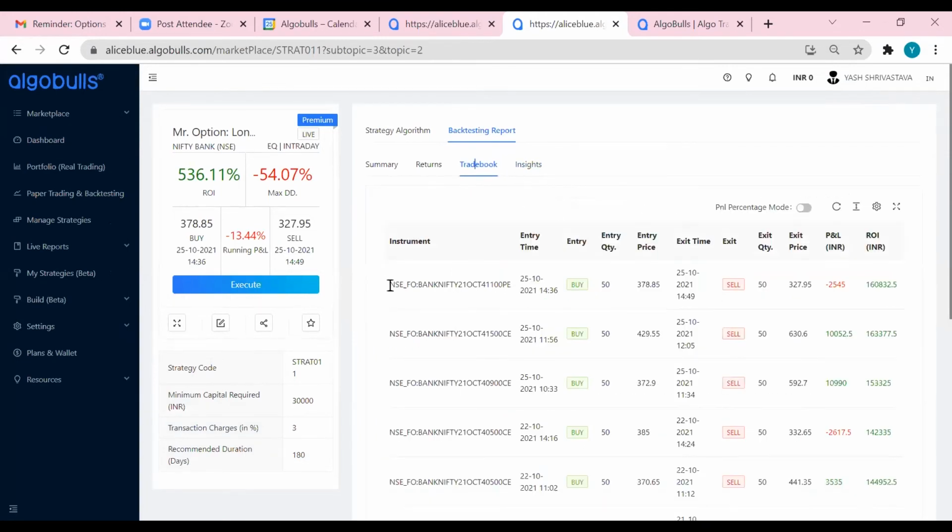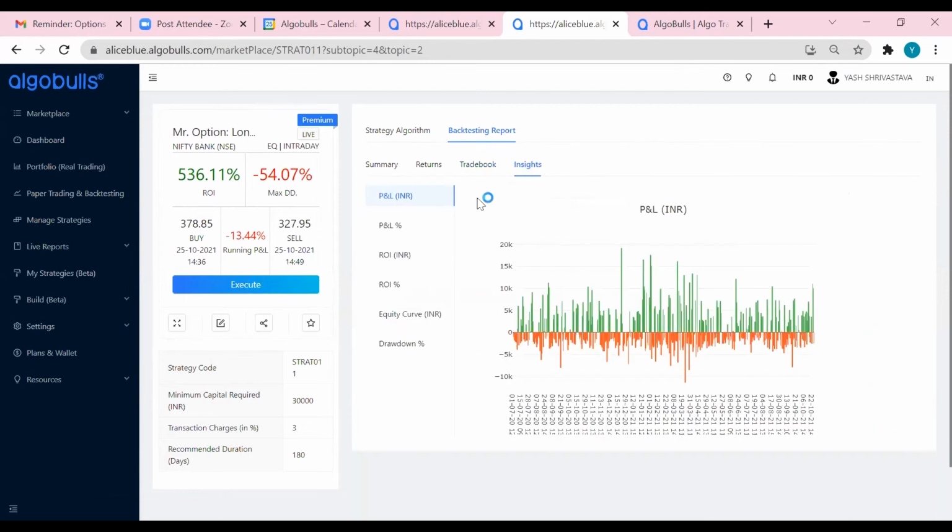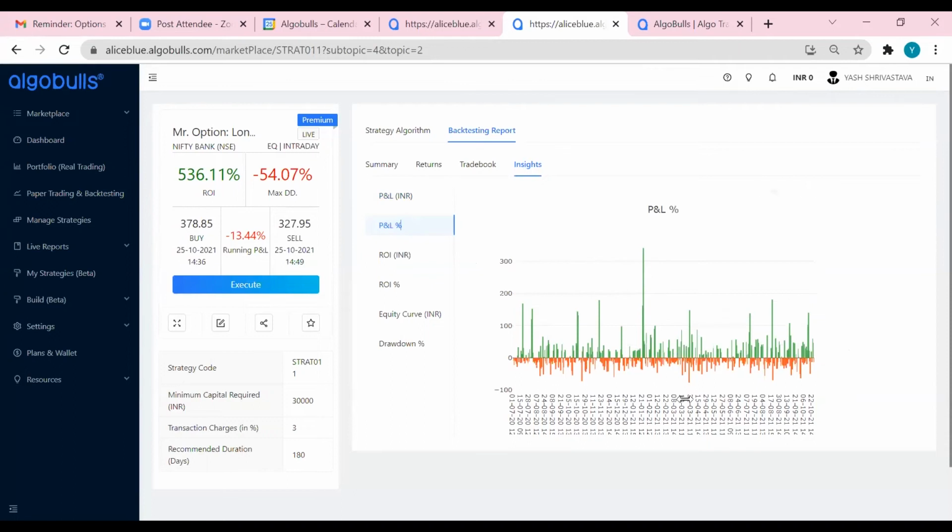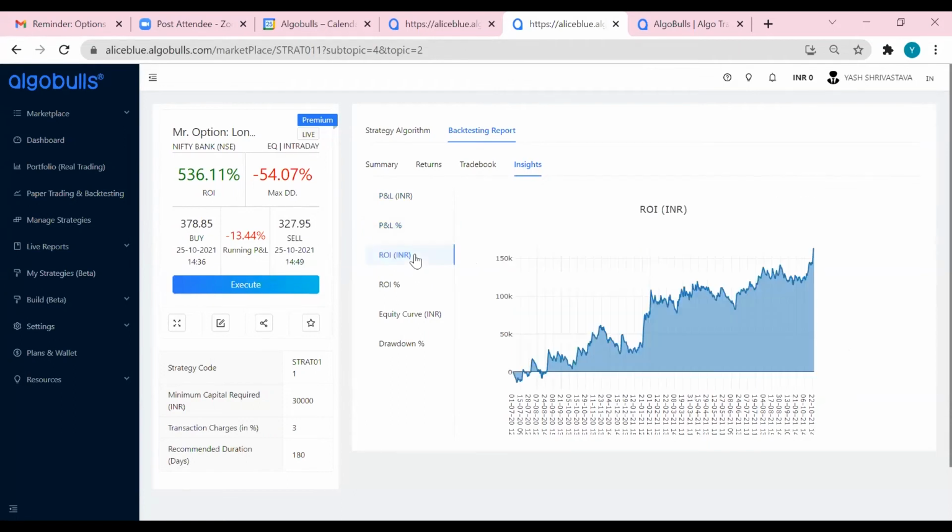Whatever information you find over here in our insight section, all the insights are beautifully represented in a graphical format, where you could find what was the buy price, what was the sell price, and what was the profit booking or the loss booking ratio, PNL in INR, PNL in percentage format, then ROI from day one of the strategy start till today.